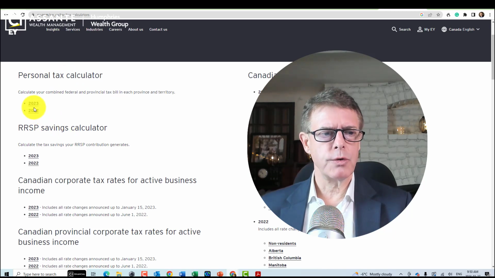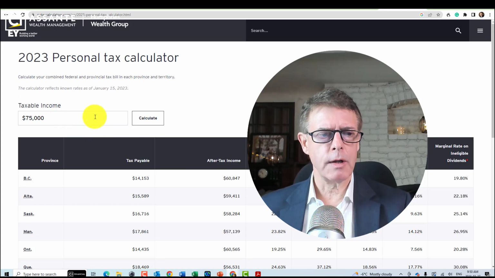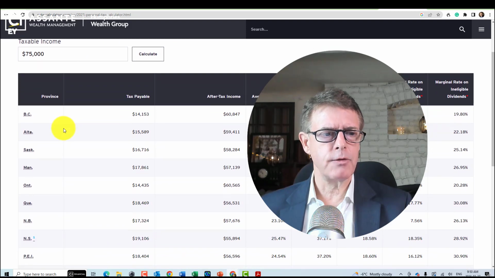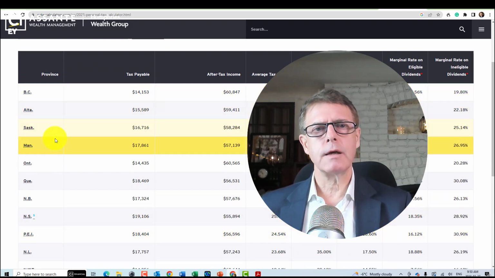Now I'm going to go to 2023. They've built the 2023 tax rates into this calculator, and I've put in $75,000 of taxable income. So we hit calculate, and if we go further down, what's nice is it gives you a calculation for all the different jurisdictions in Canada.